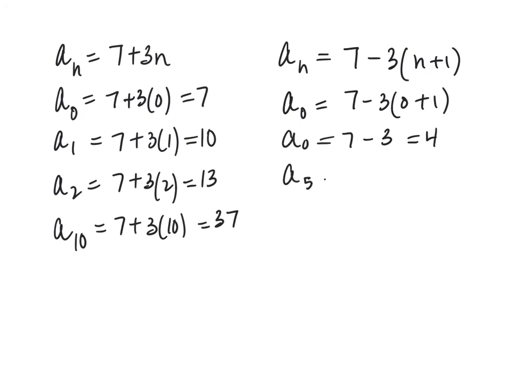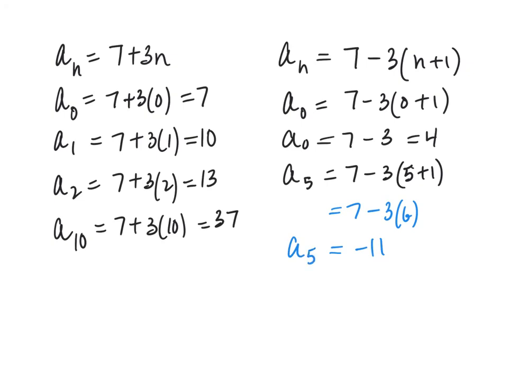A sub 5 would be 7 minus 3 times, again I'm just plugging in 5 for n, (5 plus 1). So that would be 7 minus 3 times 6, or 7 minus 18, which is negative 11. A sub 5, or the fifth term, is negative 11.